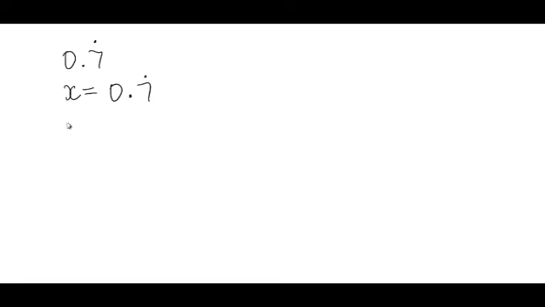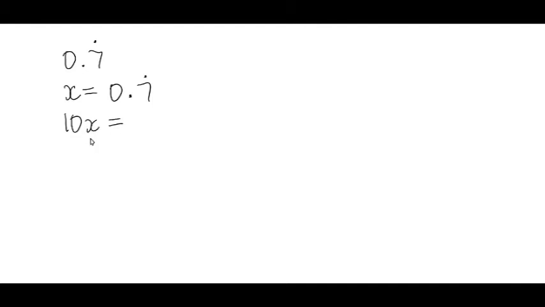What we do then is we need to find a multiple of x, either 10x or 100 or 1,000 or 10,000, some multiple like that of x, which will give us a recurring element the same as this one.